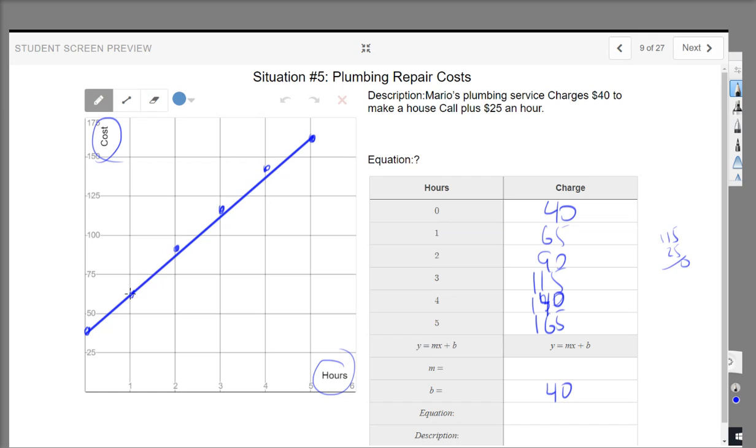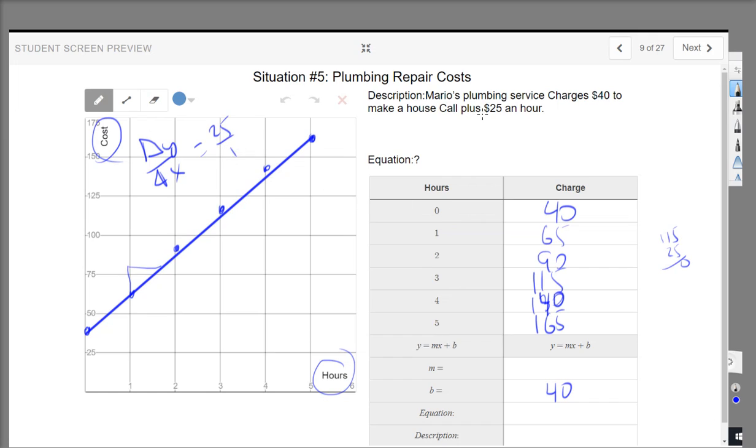We are going to do rise over run, but we're going to do it the easy way. We're going to see what this y is changing relative to the x. From 40 to 65 it changed by 25, and from 0 to 1 it changed by 1.